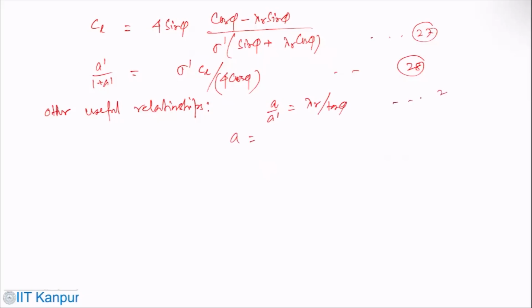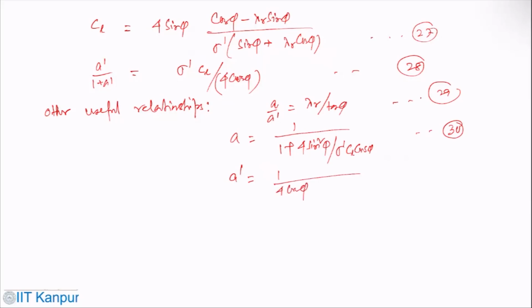Then, say 29, a equals 1 by (1 plus 4 sine square phi by sigma prime CL cos phi), then a prime equals 1 by (4 cos phi by sigma prime CL minus 1).